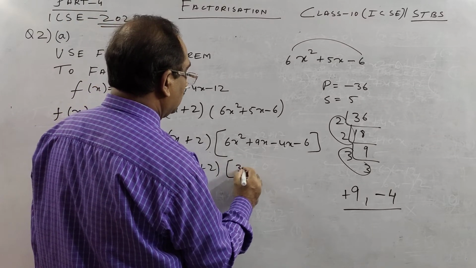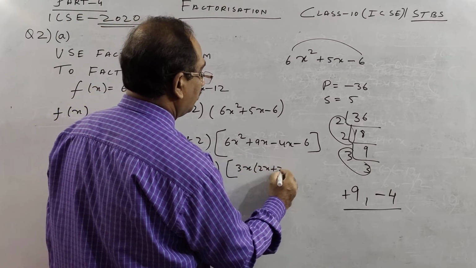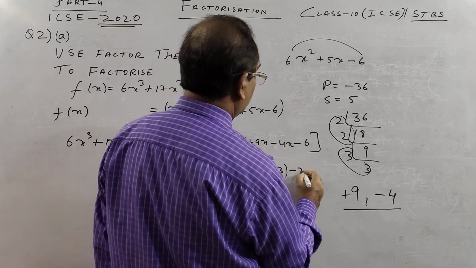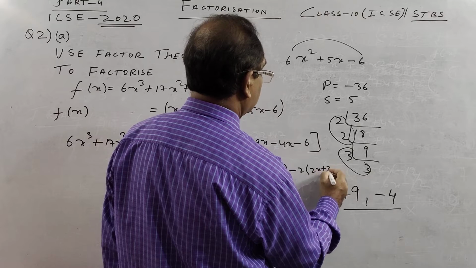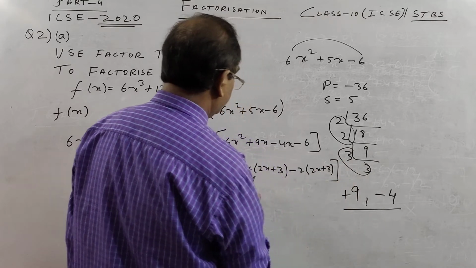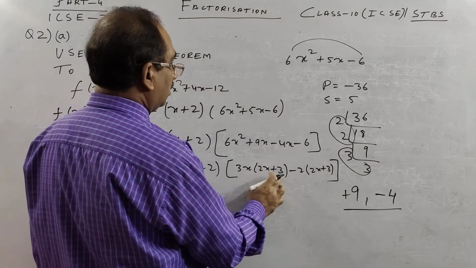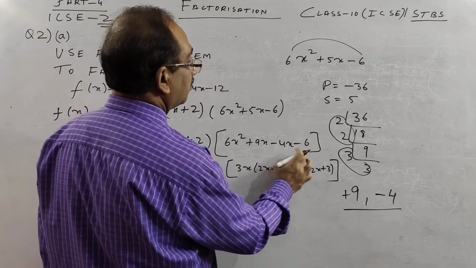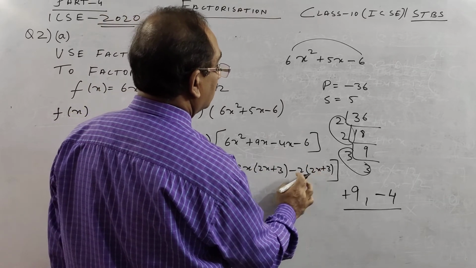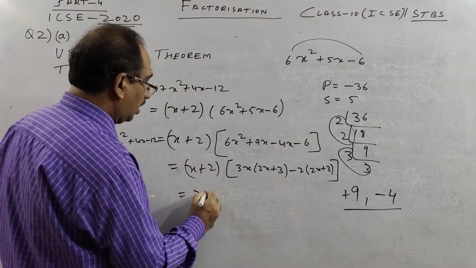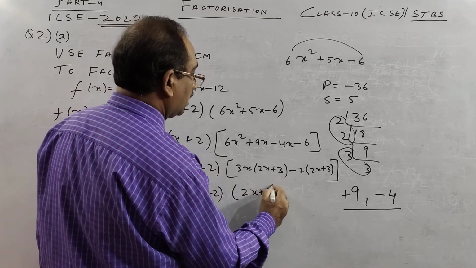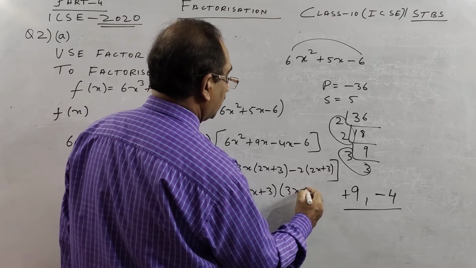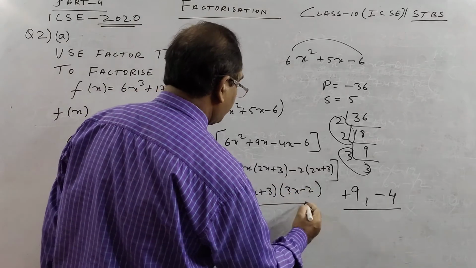Take out 3x common, 2x plus 3, take out 2, okay, 2x plus 3. So see here, 6x square plus 9x minus 4x minus 6, plus 2 3s are 6. So our final step is 2x plus 3 you take out, 3x minus 2 is left.